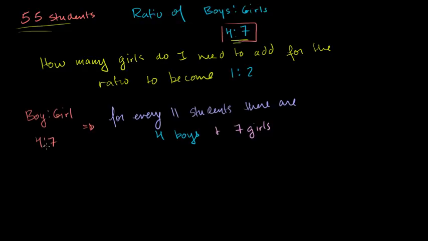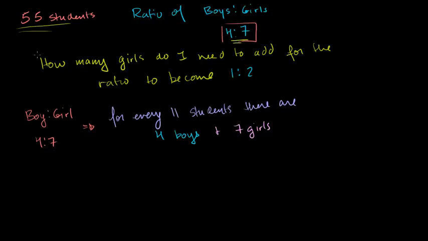That's what this ratio tells us. You could split this classroom into a bunch of groups, and for every group of 11, you're going to have 4 boys and 7 girls. Every group has the same number of boys and girls.